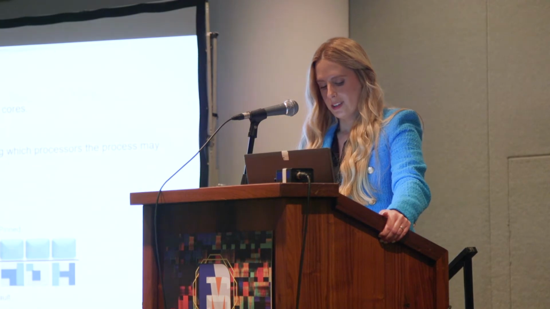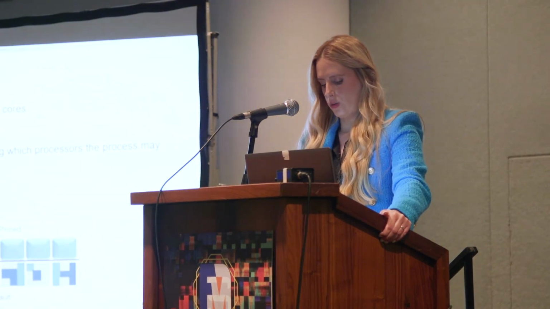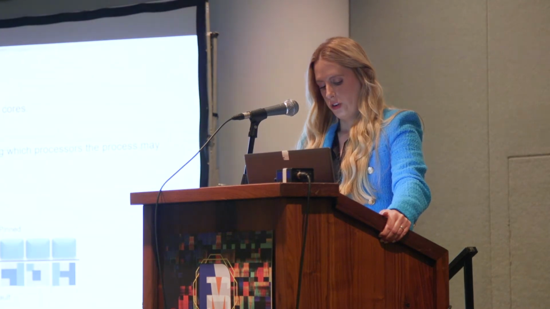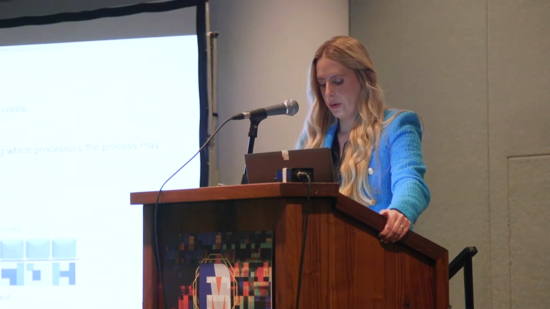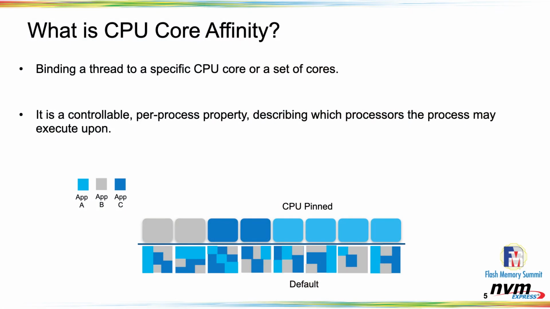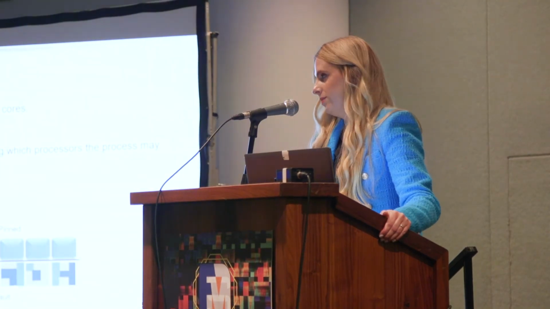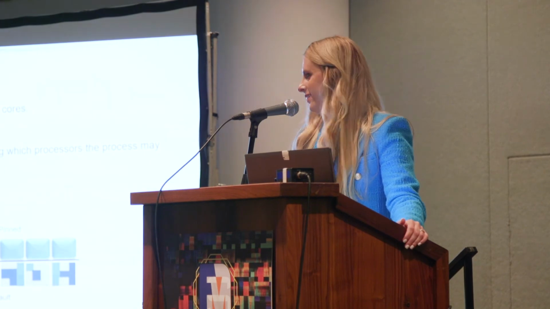Once we use CPU core affinity and pin certain processes to specific cores, we can ensure that dedicated cores are used for a specific application's threads. So this way, we can make sure that accessing the system's resources, like the storage or the memory, is done in a managed and unified manner, which will lead to overall better performance, which is something we're looking for.